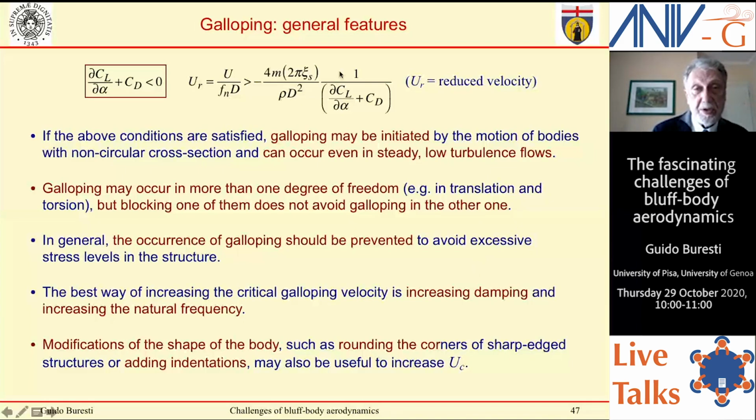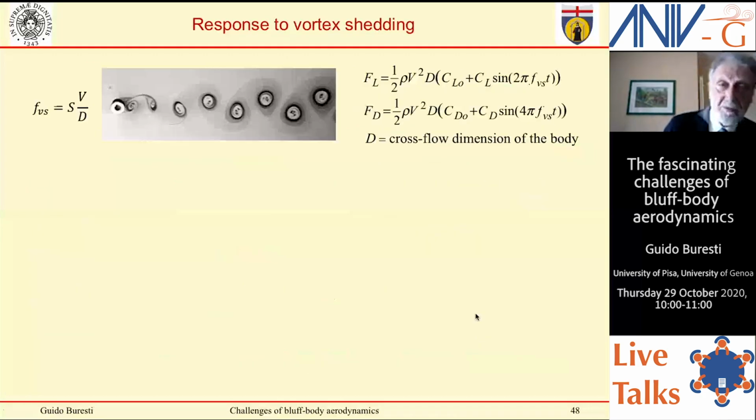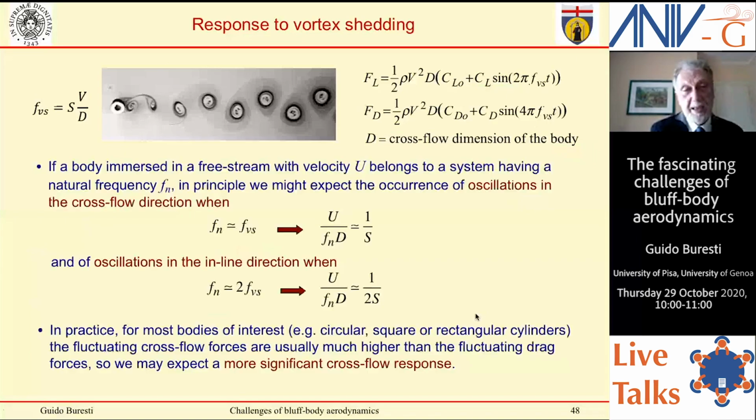You see, the critical velocity is proportional to frequency and damping. And so, obviously, you may also modify the shape of the body, for instance, by rounding the corners or adding indentations. Now, vortex shedding response. Obviously, you may expect a response in the cross-flow direction when the frequency of vortex shedding, given by the Strouhal relation, which is this one, is near the natural frequency of the body.